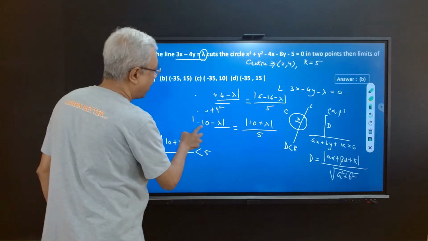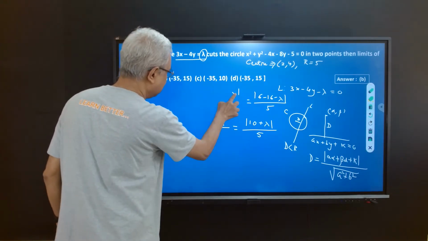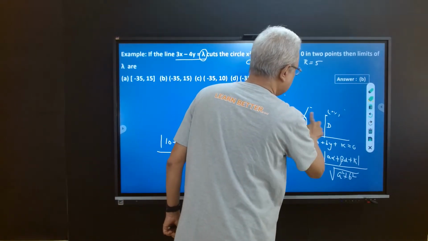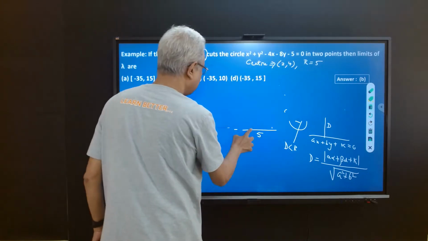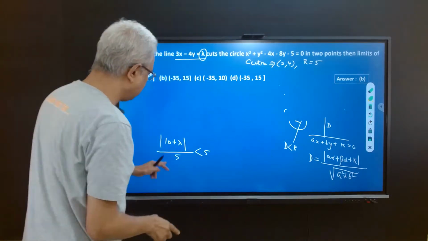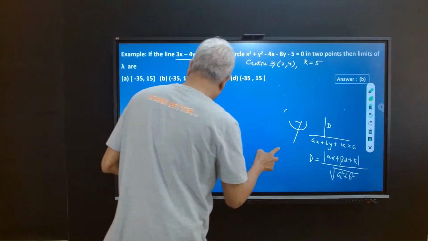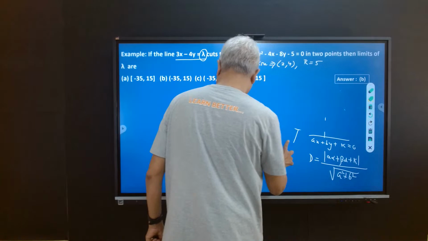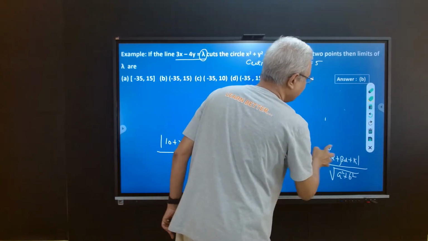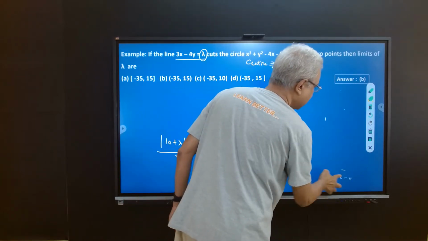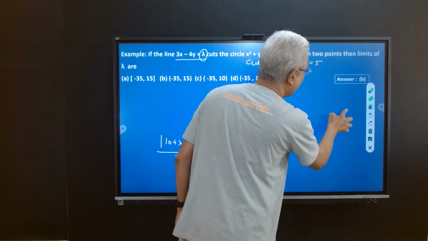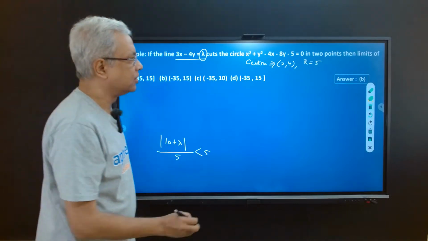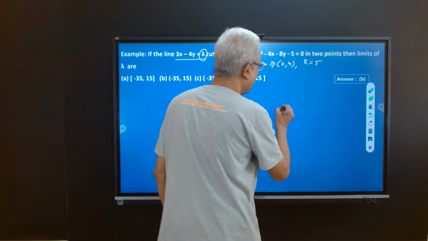So how do I tackle this equation? Our ultimate thing is mod of 10 plus lambda divided by 5 is less than 5. Now let us again recall the mod sign, as some of you may be uncomfortable with it.